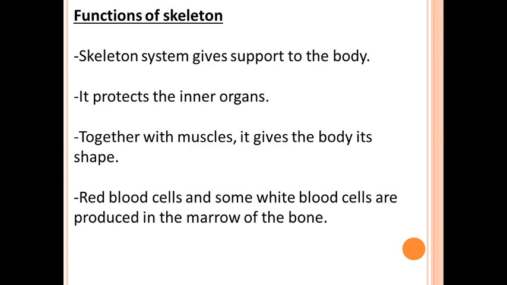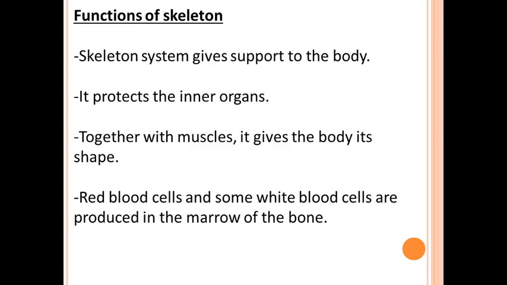Bones are hard from the outside, but they are soft and spongy on the inside. And inside the bone, there is a soft substance known as bone marrow. Whatever RBCs or WBCs are there, they are produced in the marrow of the bone.